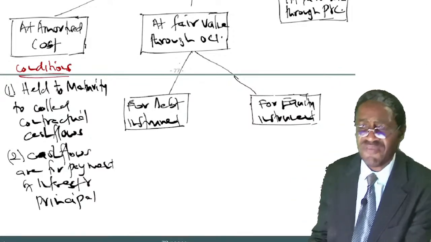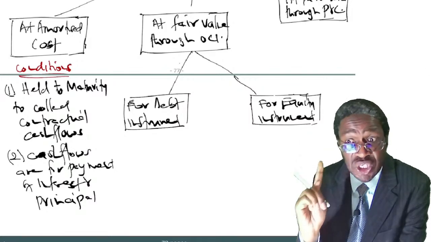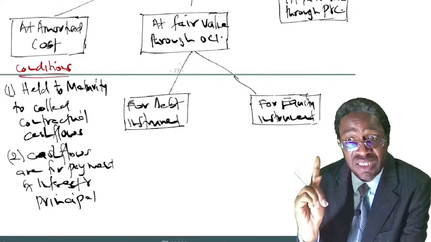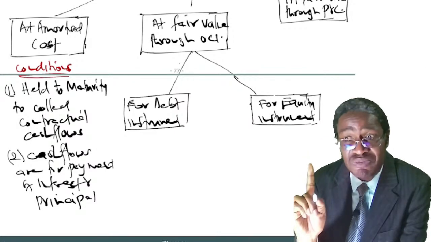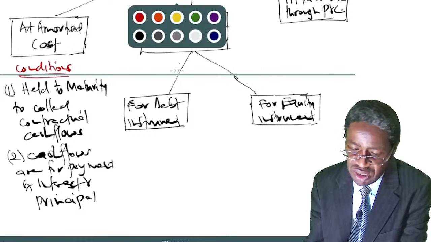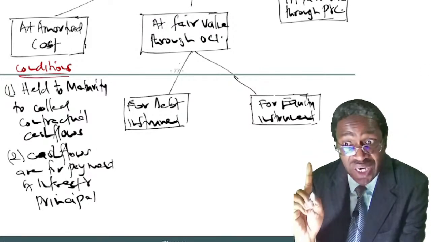Now, for a financial instrument to be measured at fair value through OCI, if it is a debt instrument like a bond or a debenture, it has to have two characteristics.